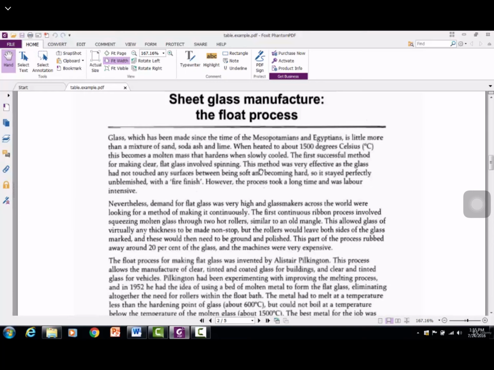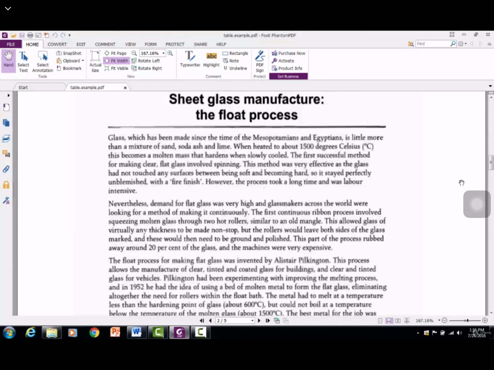All right, our next sentence says this method was very effective as the glass had not touched any surface between being soft and becoming hard, so it stayed perfectly unblemished with a fire finish.